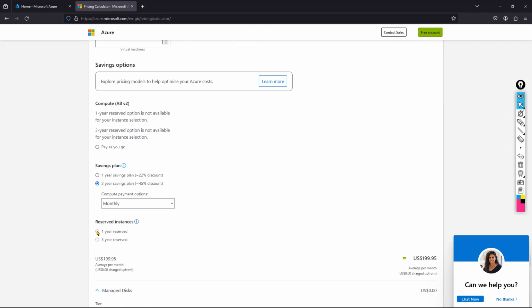With reserved instance, instead of saving plan, you can go with 1-year reserved or 3-year reserved, and accordingly the cost will also vary. If you want to understand the difference between reserved instance and saving plan, which is the best, and what things we need to understand, a separate video is available on my channel.